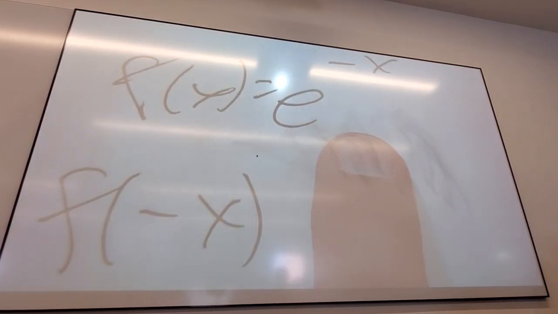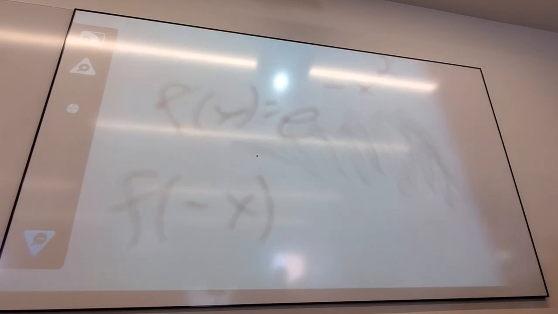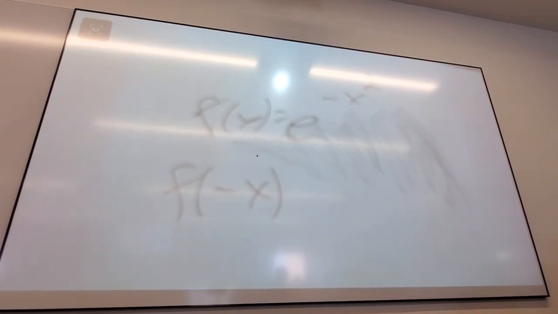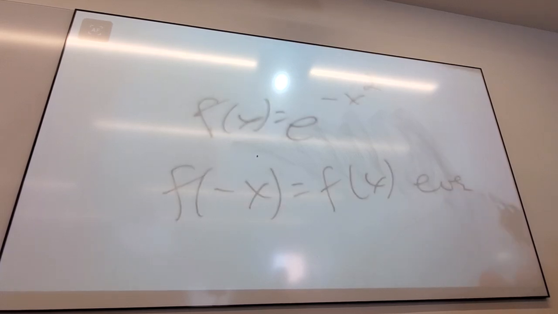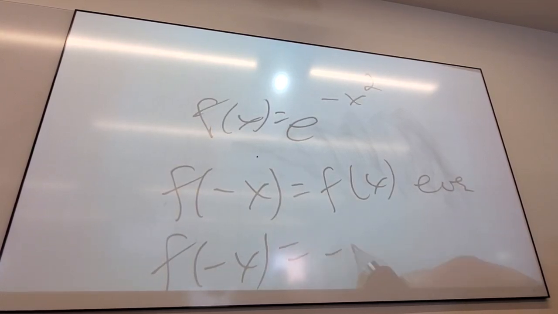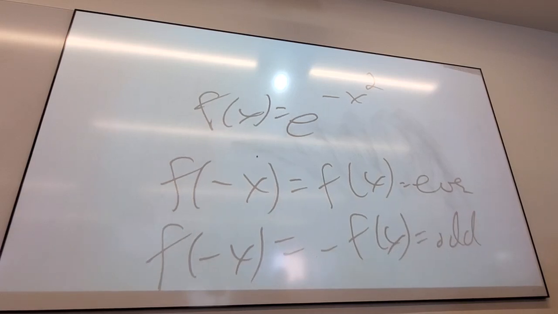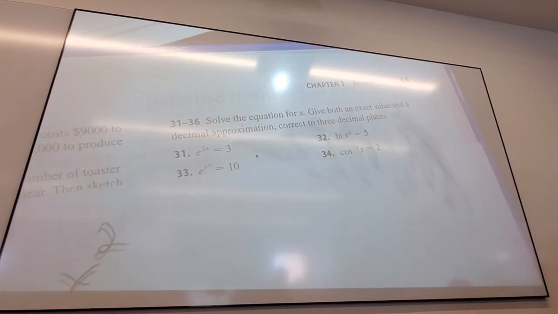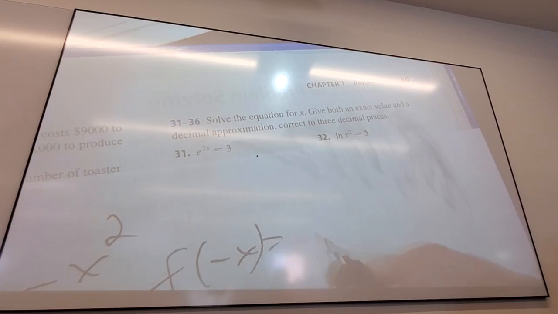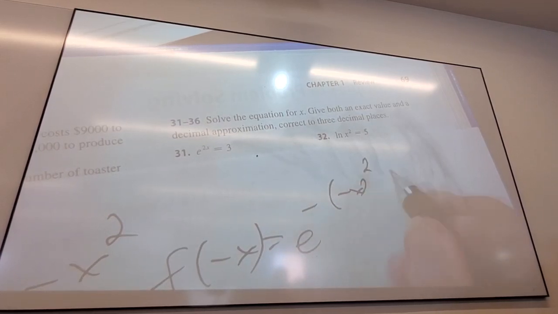Whatever function they give you, you're going to plug a negative x in. If the answer comes out the same as the original function, that's even. If it comes out to be the negative of the original function, that's odd. And if it comes out to be neither of those, then it's neither. So what happens when I plug a negative x in here? I get e to the negative x squared.